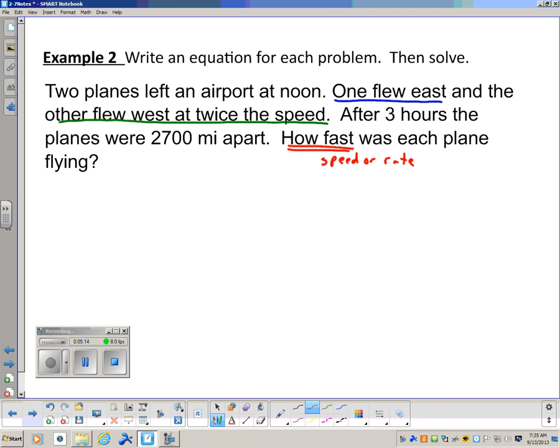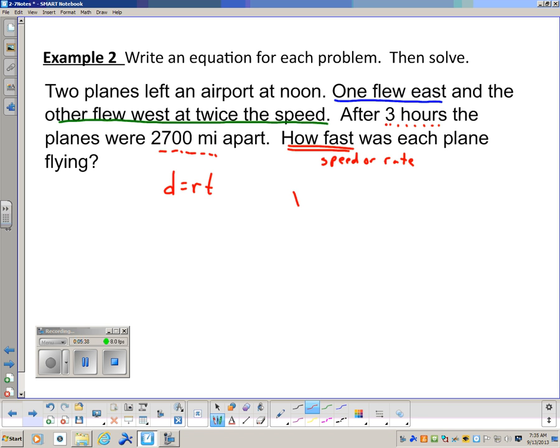We've got some distance up here, this 2,700 miles apart, and then some time, 3 hours. So I'm thinking we're still using that nice formula, distance equals rate times time. But this time the question asks how fast we are going, so we need to find some rate.